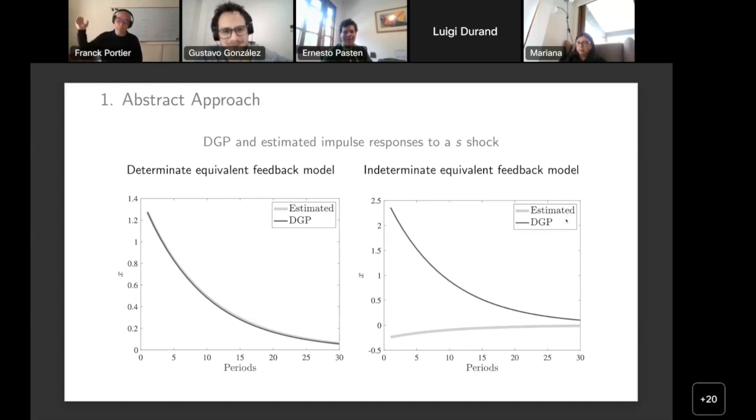I'm happy to talk about what happens when we relax determinacy. We still need some identifying restriction, typically some correlation between the sunspot and the fundamental shock, and that's enough again to create biases if it's wrongly assumed.